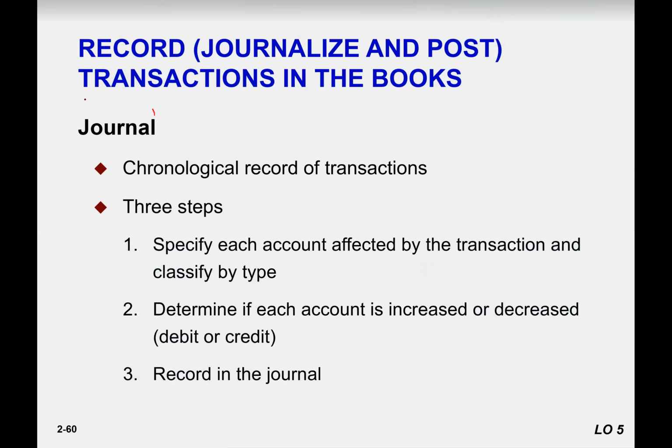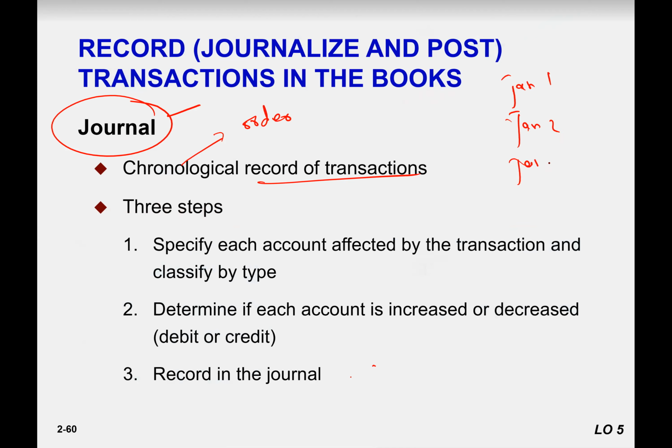Now journal. So journal is a chronological record of transactions, which means we have to maintain the journal according to date, which means there is some kind of order, right? It's not like that, January 1, January 2, January 3.